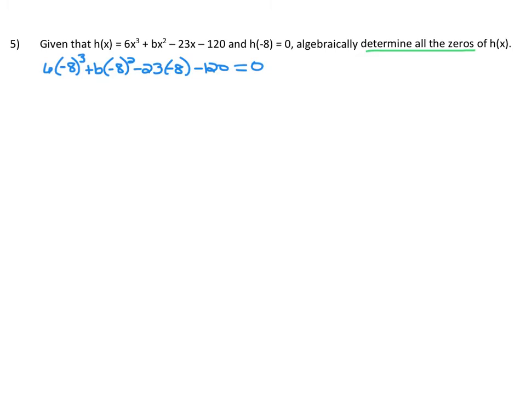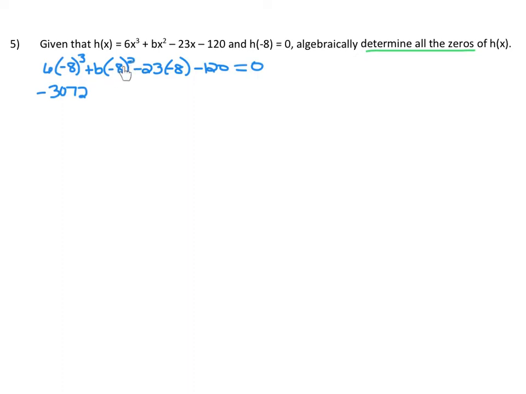Okay, so now we can solve this for b. The first thing you're going to do is figure out what this is all equal to. So negative 8 to the third is negative 512. And negative 512 times 6, it's a big number, is negative 3,072. Now this next term is b times negative 8 squared.